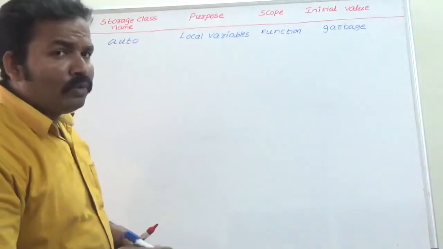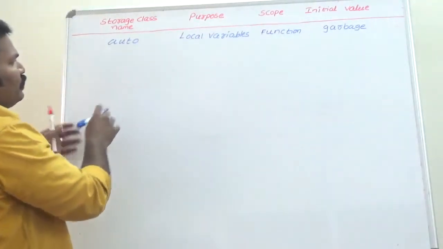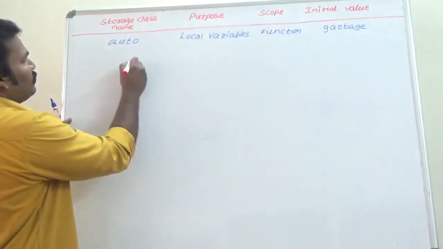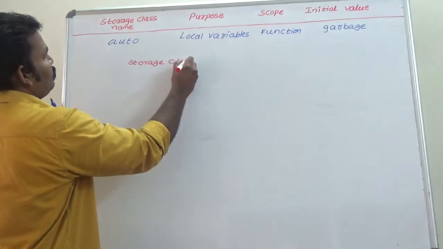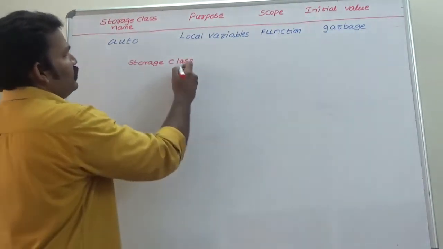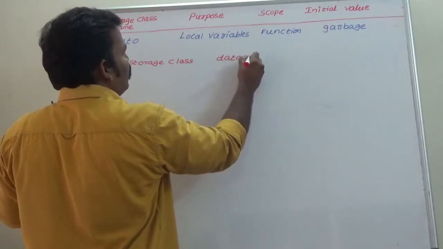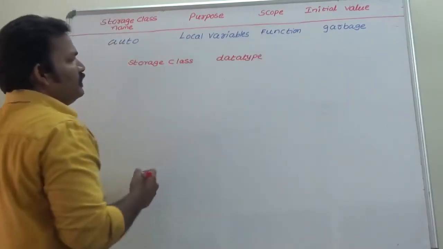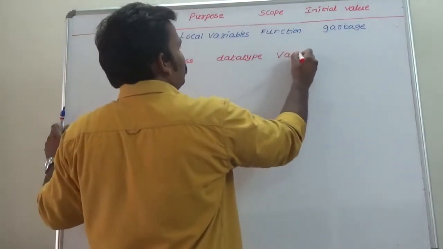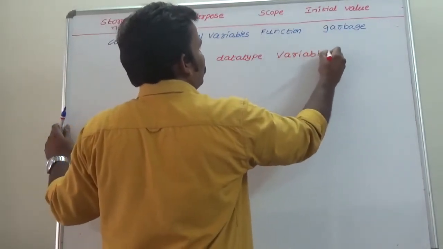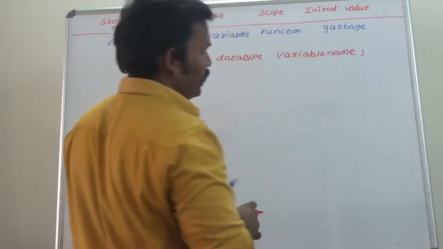How to declare auto variables? We already know the syntax. First the storage class, next we have to write the data type, then we specify the variable name, with a semicolon.